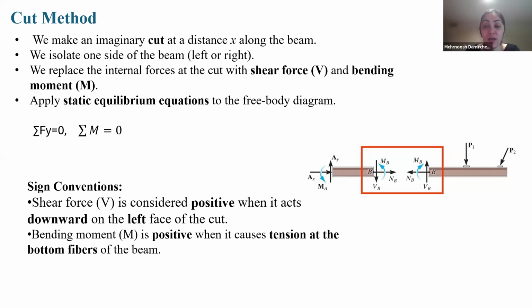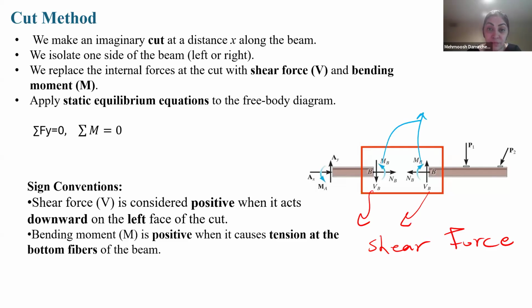At the cut, the internal forces are replaced by the shear force V, as you see here, and the moment, or bending moment M. And N_B that you see is the axial force. We talk about that, but it is not so applicable for beams. So internal forces are replaced by shear force V and bending moment M.